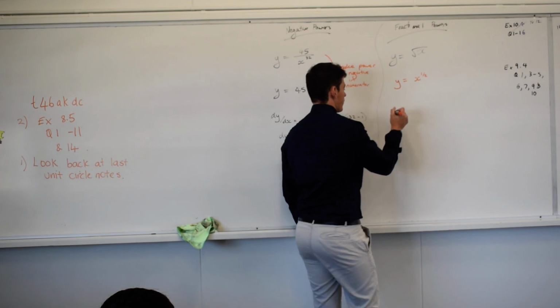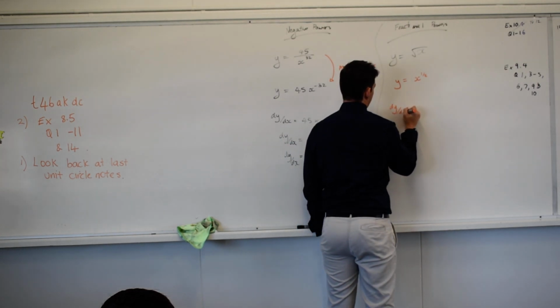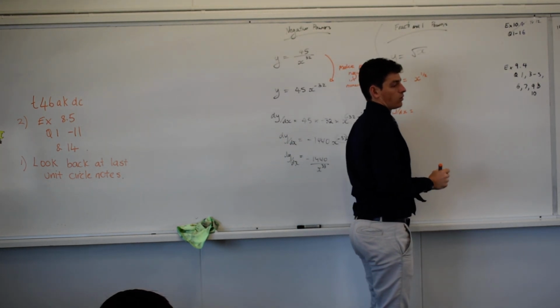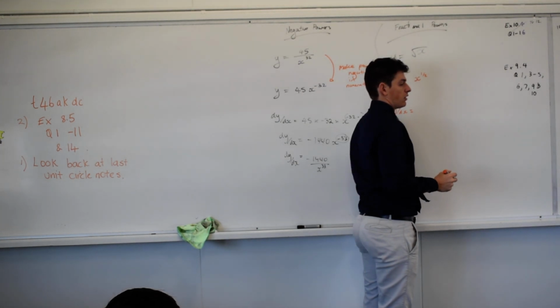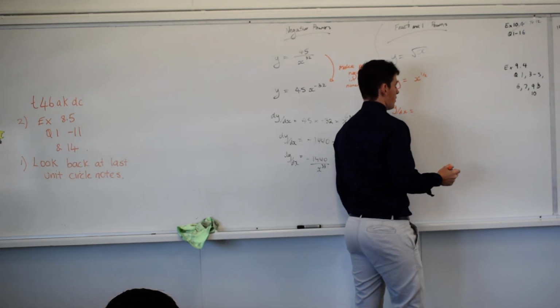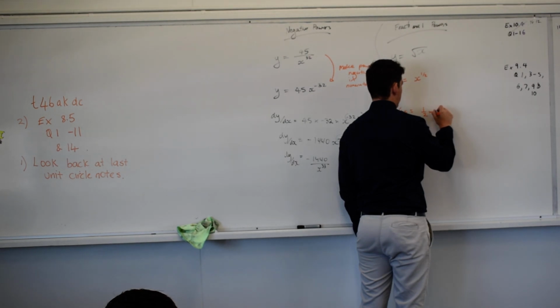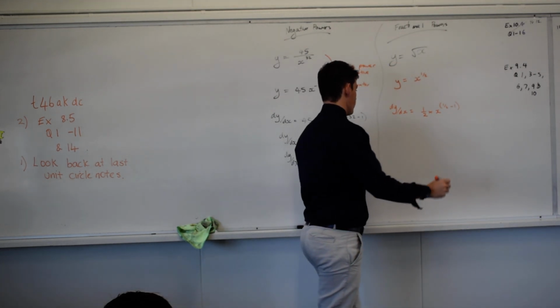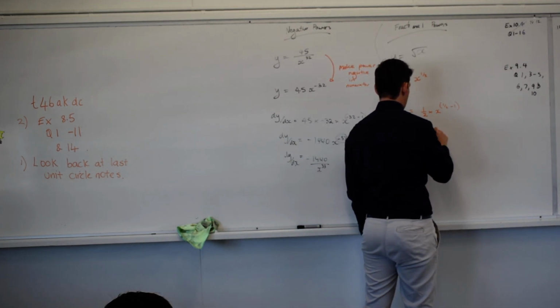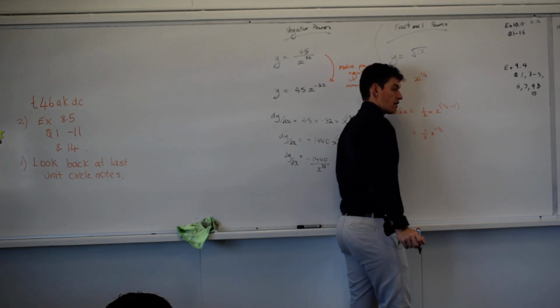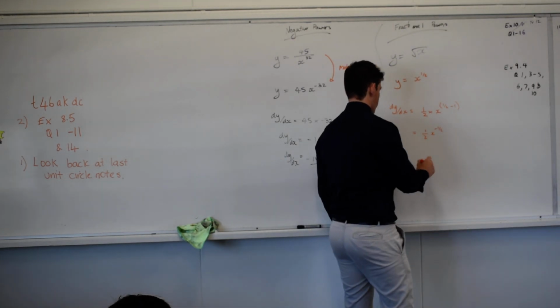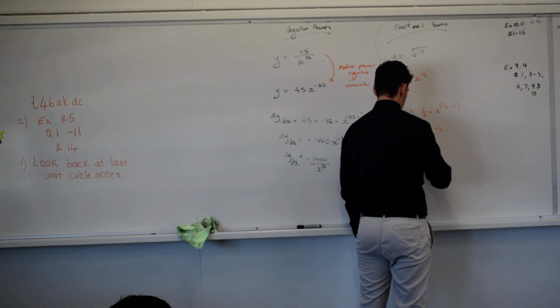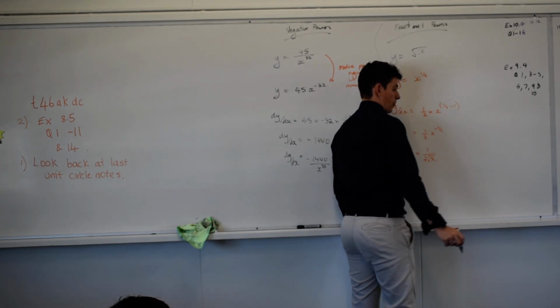Power rule, dy/dx. So what's the original power? 1 over 2, so what happens to that? 1/2 times x to the power of 1/2 take 1. What's a half take 1? Negative half. Very good, so the next line is 1/2 x to the power of negative half. How can I represent that? There's 1 over 2 root x. Very good.